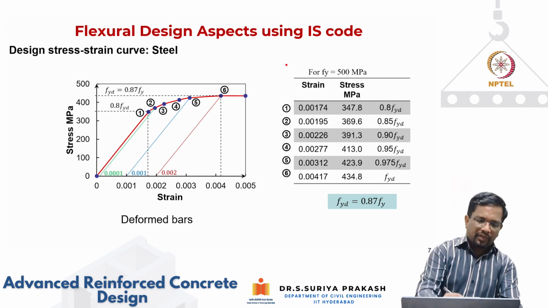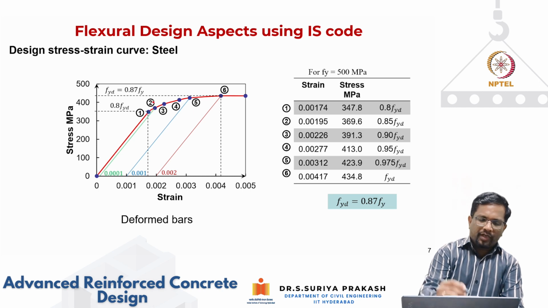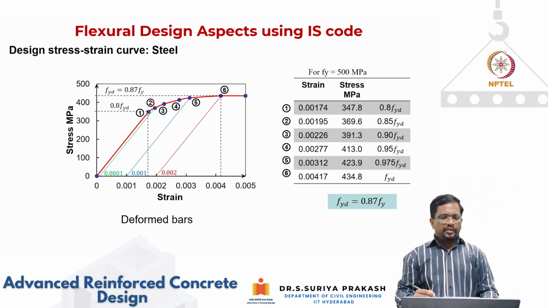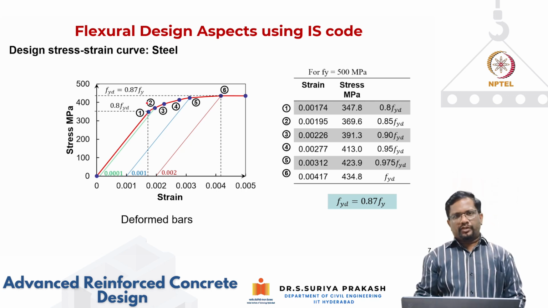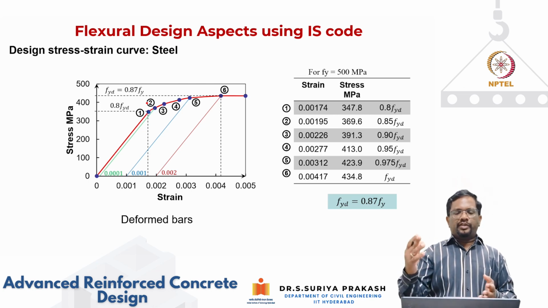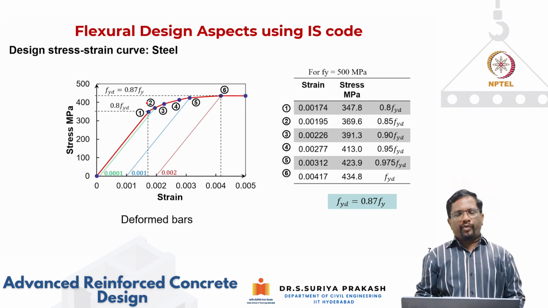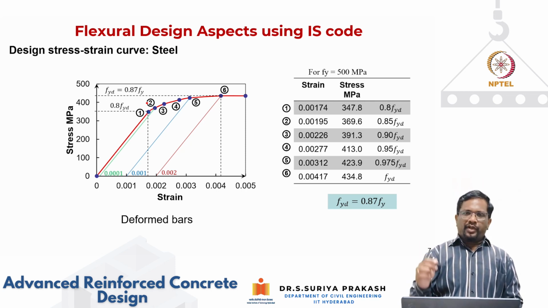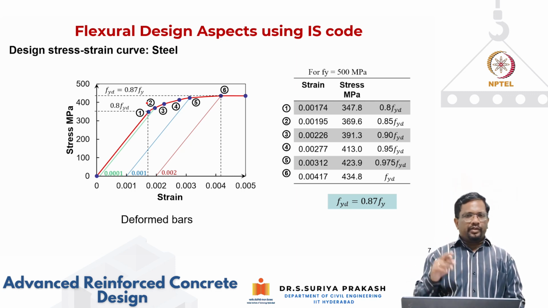But in steel, we are dividing this characteristic curve only after the 0.8 FYD stress, because anyway the linear elastic portion, the quality of the steel is good, so the code is assuming the design curve and characteristic curve are the same up to the stress level of 0.8 FYD, where FYD is basically 0.87 times Fy. So up to a stress level of 0.8 FYD, no partial safety factor is applied. So the characteristic curve and design curves are going to be the same.